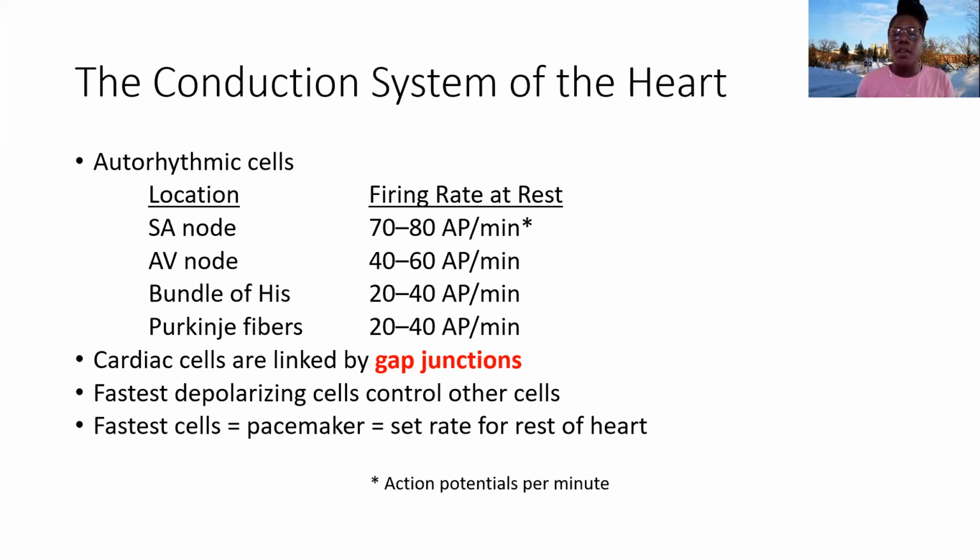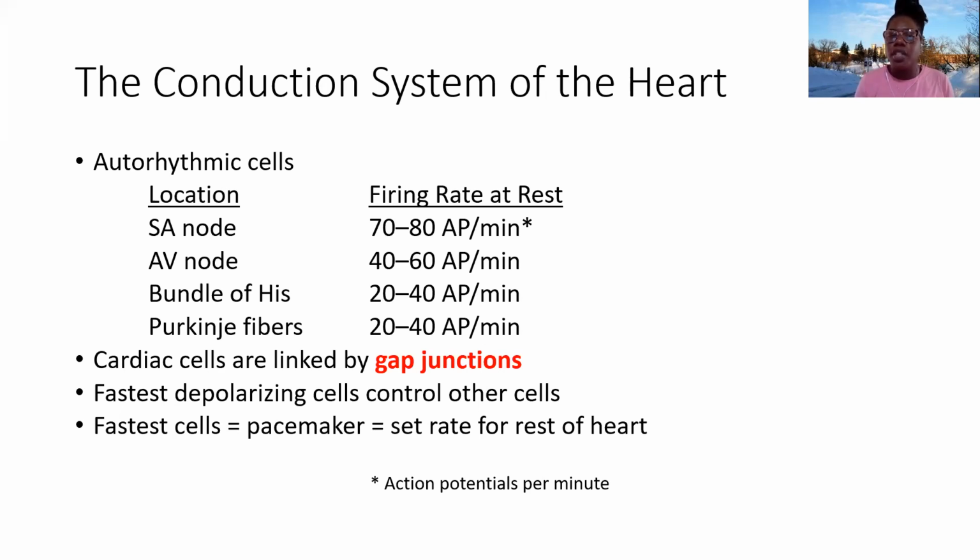So we can see the progressive slowing of the rate of action potential firing that happens from the SA and AV node, which are the main pacemaker cells of the heart, SA being much faster than the AV node, obviously, and then the Purkinje fibers and the bundle of His, which are the conduction fibers, having a slower action potential rate per minute. That is to say that they can still spontaneously contribute to the rate and rhythm, but they're not setting the rate and rhythm because they don't have the fastest rate.